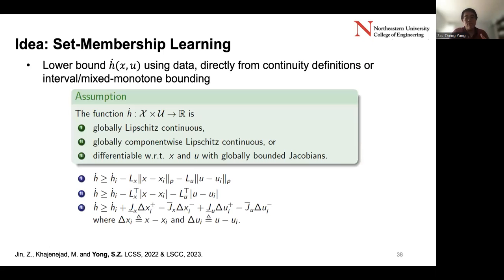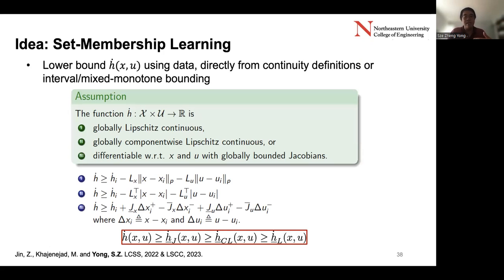And this can be done directly from continuity definitions, or again using mixed monotone decomposition functions for bounding. That is given here for the different types of assumptions that we make. We can have different ways of lower bounding them, and this essentially allows us to bound the true function.